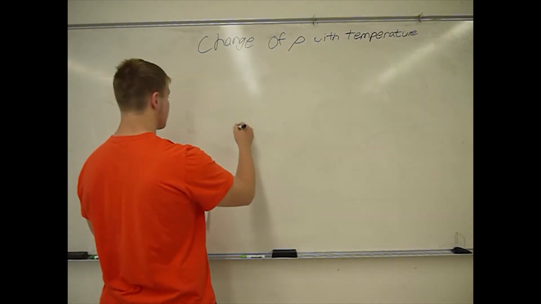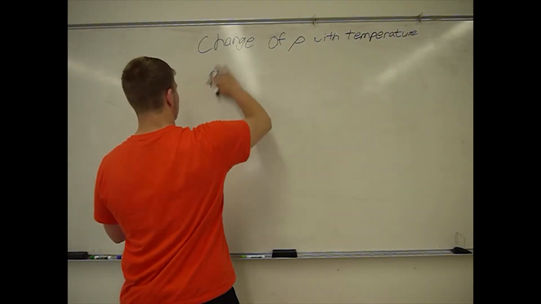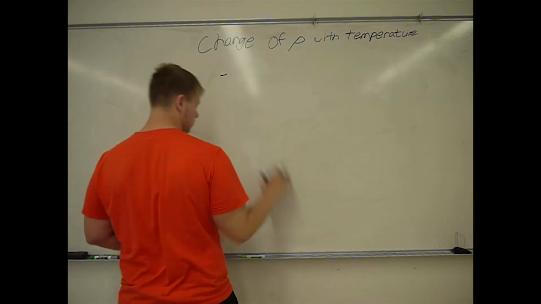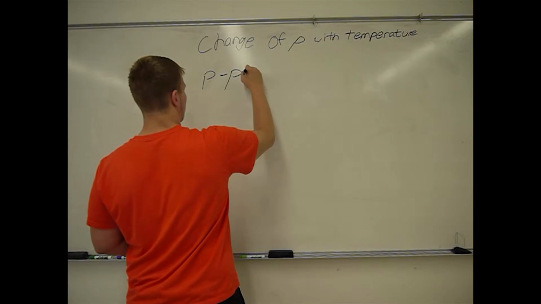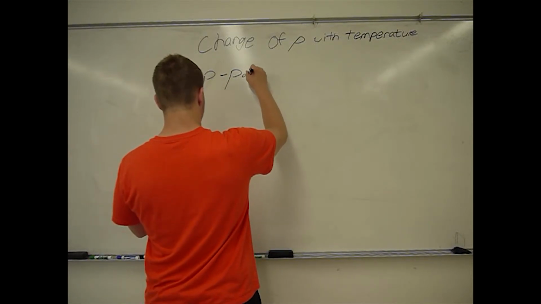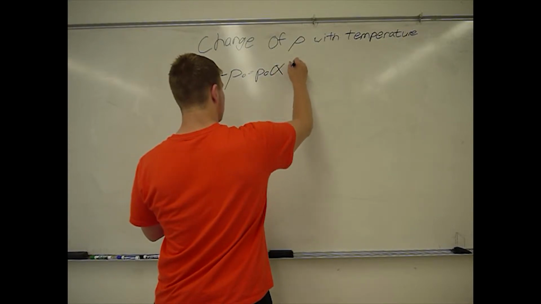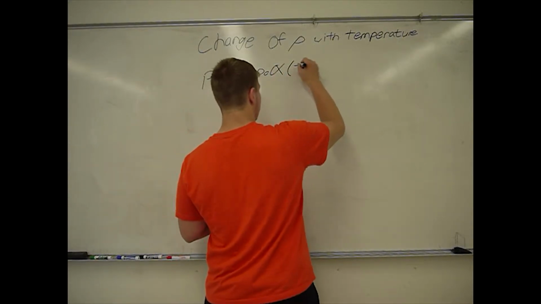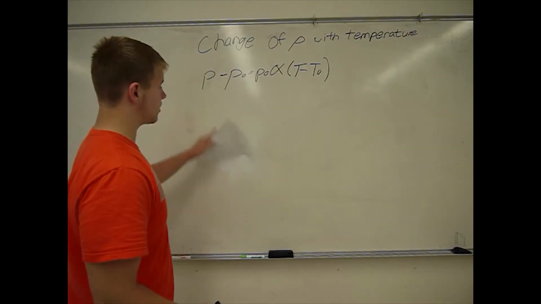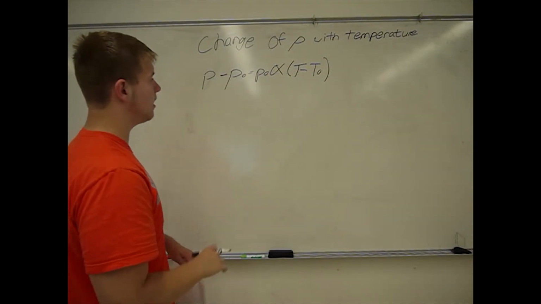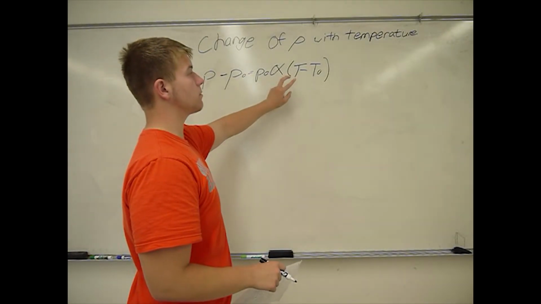The correlation between these two is given by rho minus rho initial equals rho initial alpha times T minus T initial. So the final resistivity minus the initial resistivity equals the initial resistivity times alpha times the difference between the final and the initial temperatures.